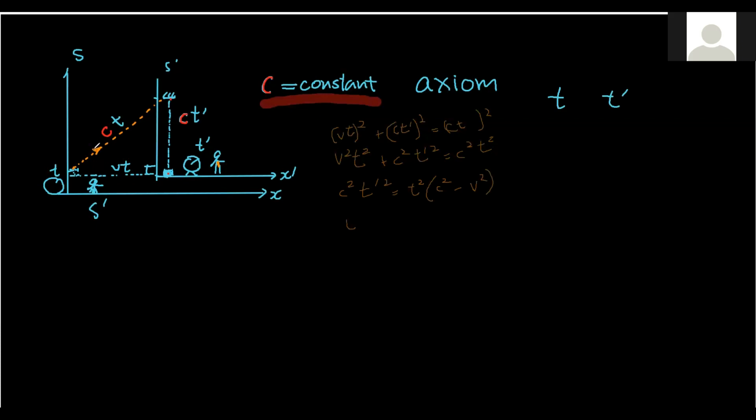And then make it T prime squared is equal to. Oh, you want to get rid of the V as well, don't you?